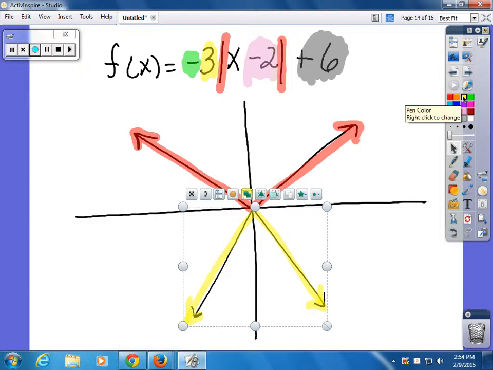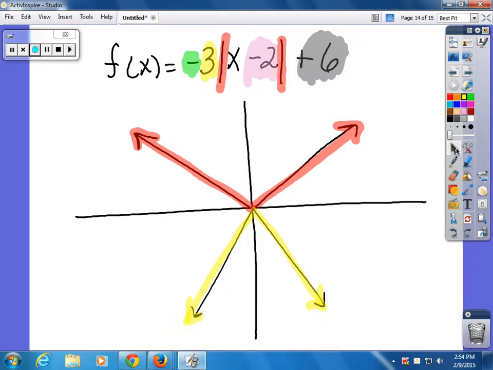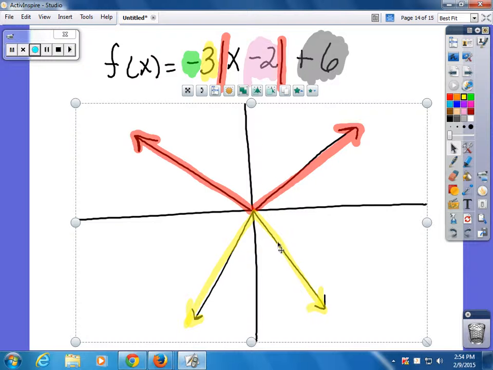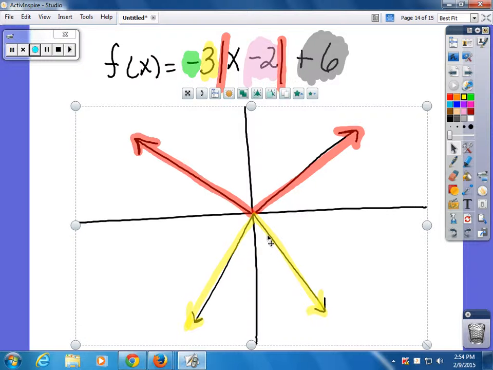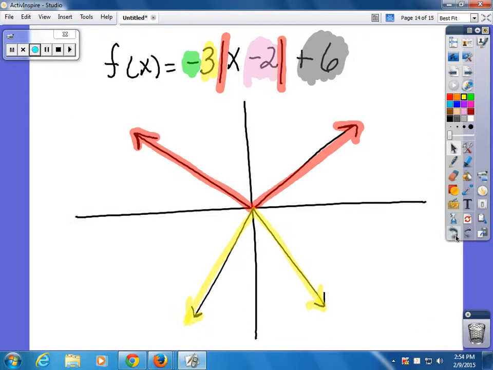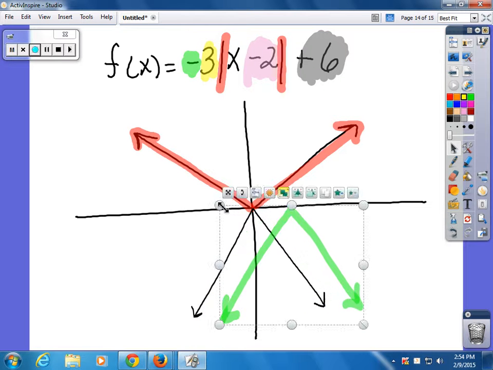Okay? And the negative tells us it's going to move what? To the right. To the right 2 places. Going to move 2 places to the right. 1, 2.